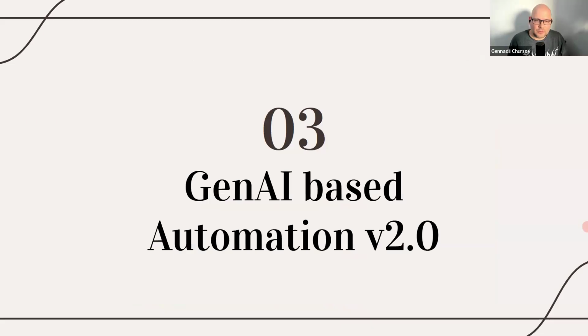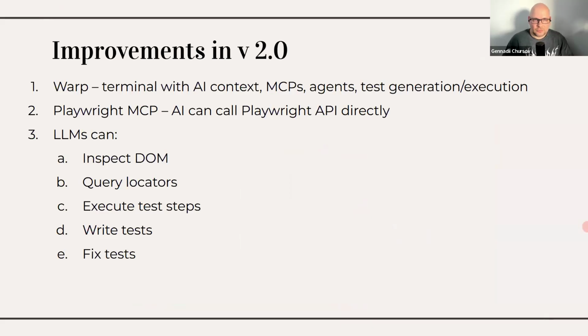So how is it working? Now let's discuss our version 2. In that version, I introduced a few improvements. First of all, I removed all the code that was actually doing that job with data persistence, running tests, generating tests, everything.